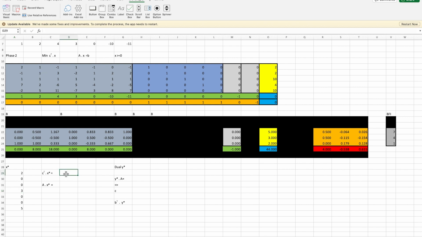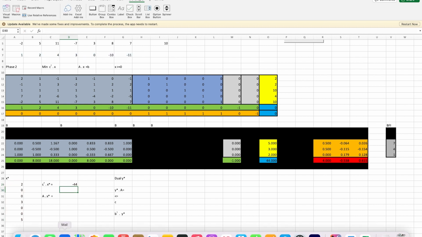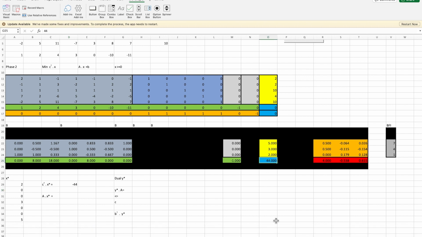So let's calculate the objective function. That's equal to the matrix multiply of C transpose, this is my C transpose, comma, and then the x. It's minus 44. That's the optimal, the best cost I could have. And look where it is. It's right here, under the B column. So this entry here is minus C transpose x.